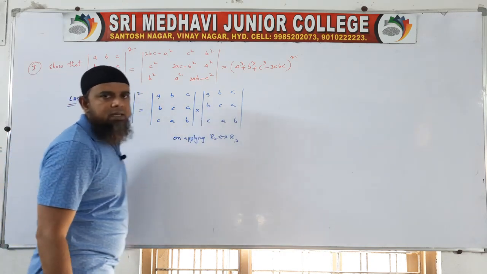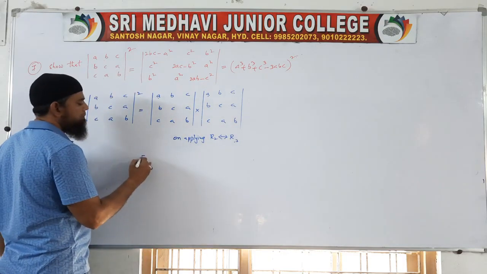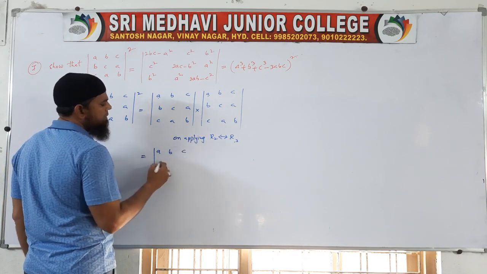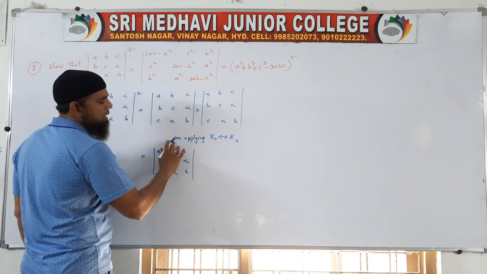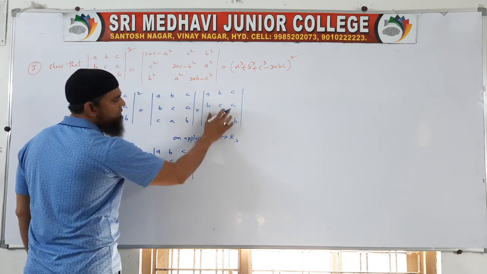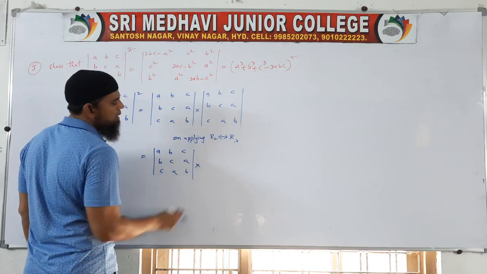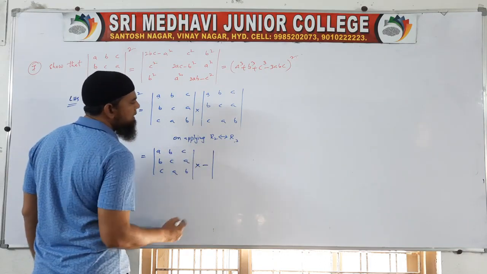When we change like that, minus we have to write in front of the determinant, that is the formula. So the first determinant is as it is, A, B, C, B, C, A, C, A, B. This is applicable only for the second determinant. We are interchanging the rows, so minus we have to write in front of the determinant.